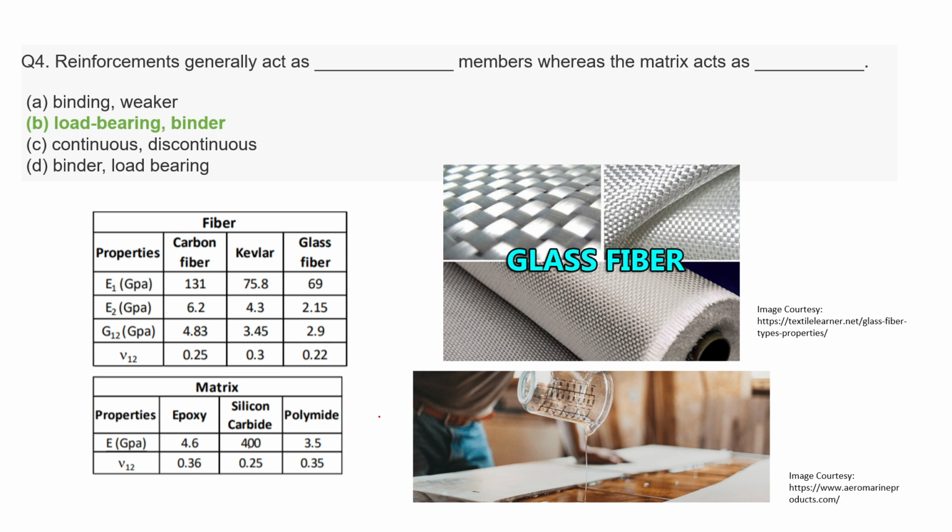So later when we will be studying more about the reinforcement and matrix, you will see how the force is getting dissipated throughout the composite because of them. But right now the matrix acts as a binder and the reinforcement as the load bearing. But later you will see how this matrix also not only bears the load, but it dissipates the load throughout the composite.